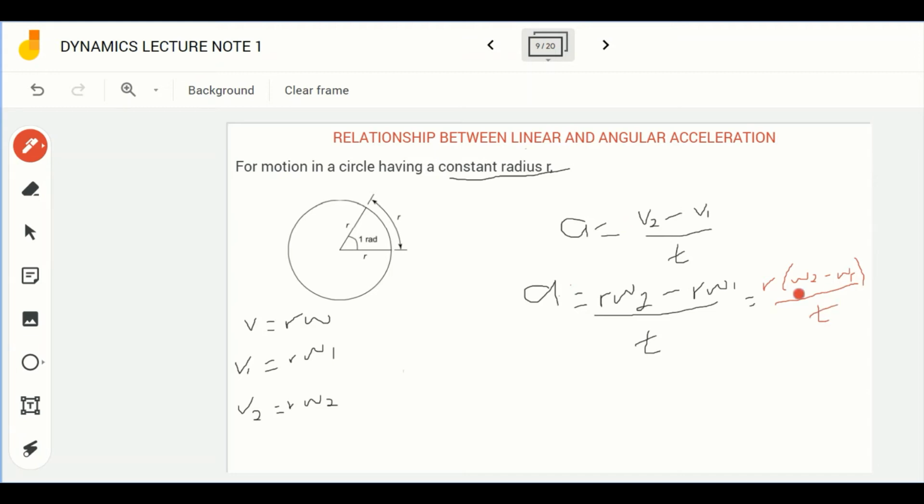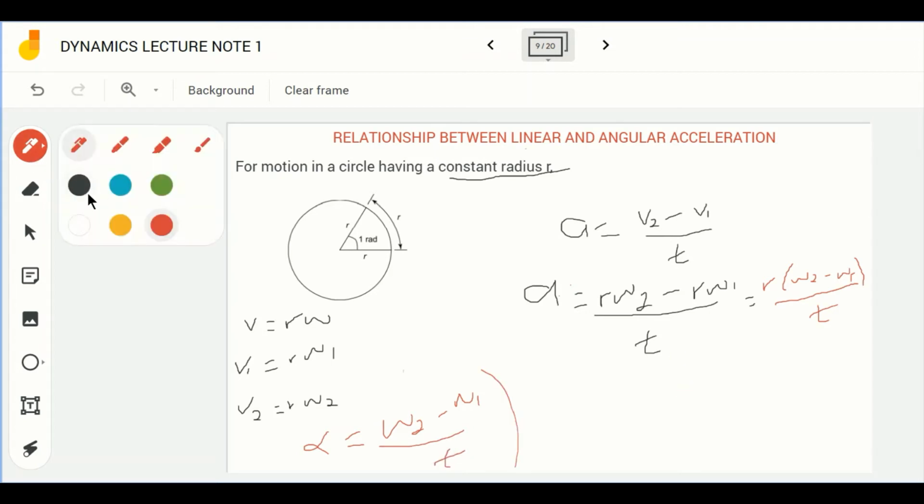Now, let's move on. If you remember, my angular acceleration is equal to omega 2 minus omega 1 over T. If you look at this equation, you will see that omega 2 minus omega 1 over T is my angular acceleration.